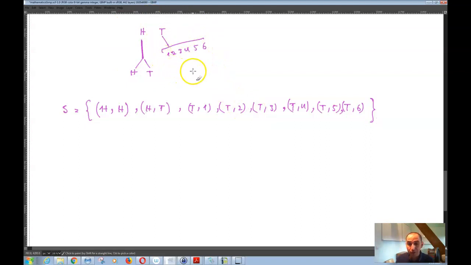But I do not think that this experiment is supposed to be done over and over again. You toss the coin once, and if you get heads, then you toss the coin again and get either heads or tails, and if you get tails, then you get either 1, 2, 3, 4, 5 or 6, and that's it. The experiment stops.